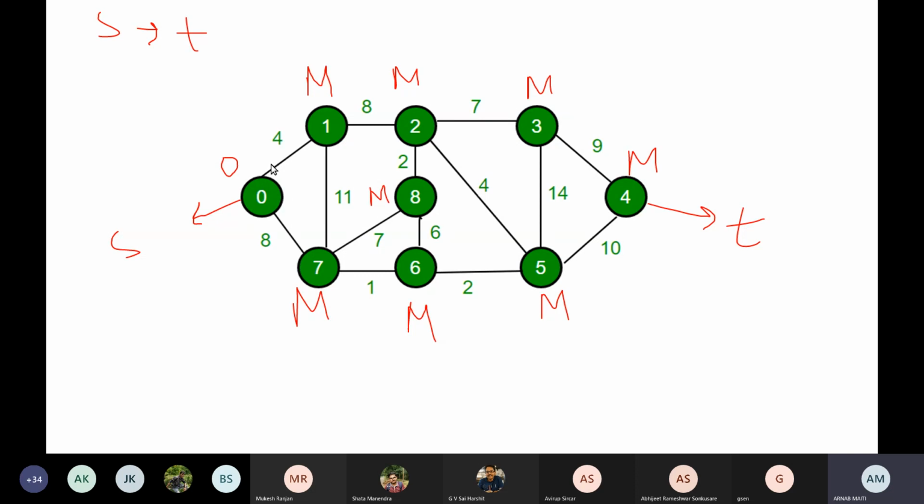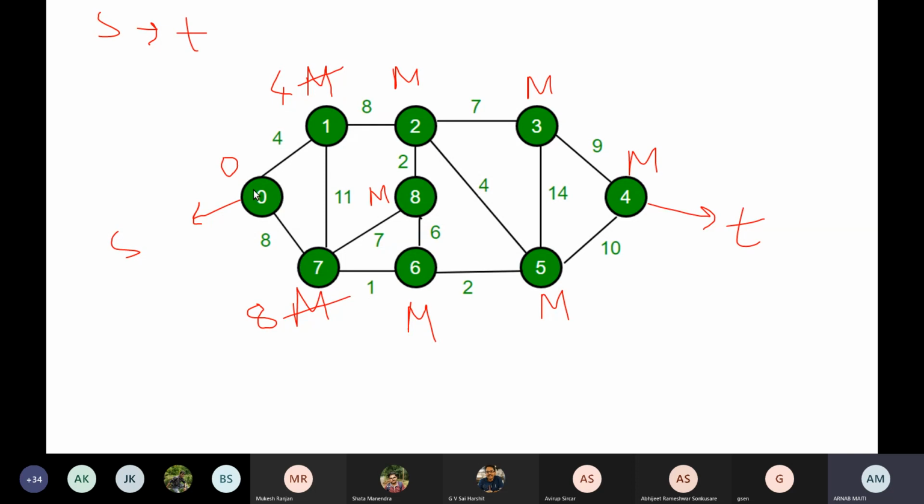I'll see both of its neighbors. Observe that 0 plus 4 is less than M. So we'll strike out this M and keep this 4. Similarly, 0 plus 8 is equal to 8, which is less than M. So we strike out this M and replace it with 8.